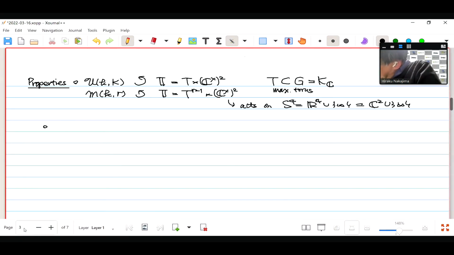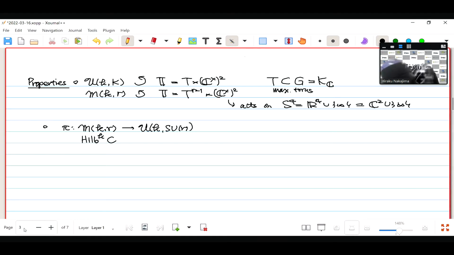Second, there is a morphism from M(K,R) to the symmetric power S^K(C^2). For the Hilbert scheme of points, you get a map from the Hilbert scheme of points on C^2 to the symmetric power of C^2.